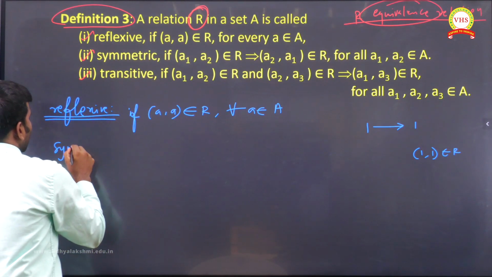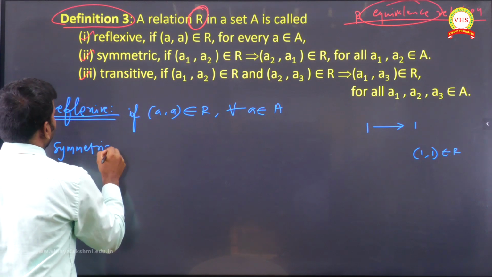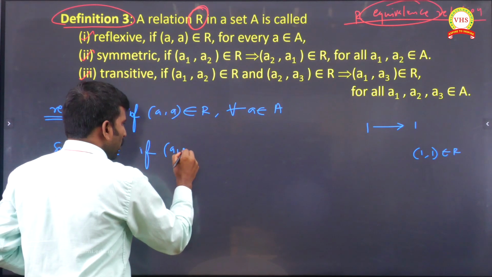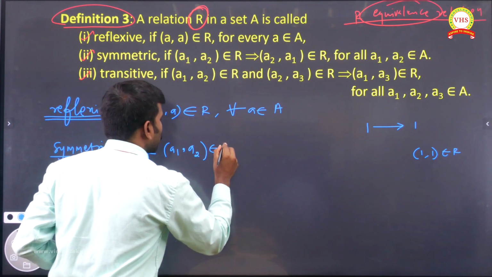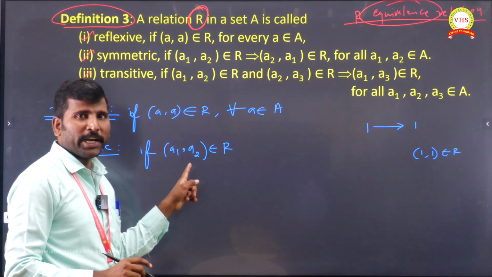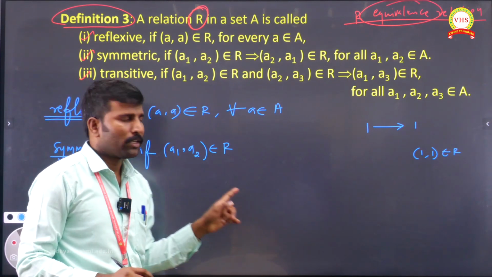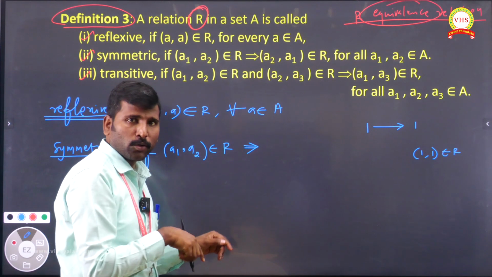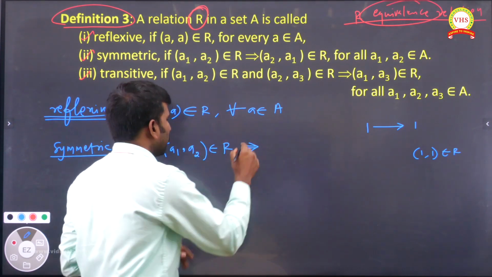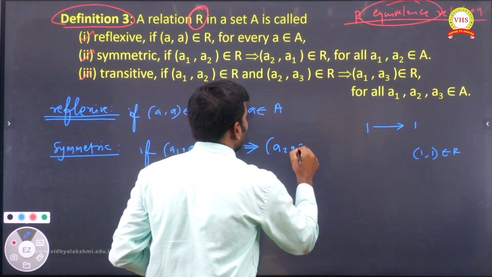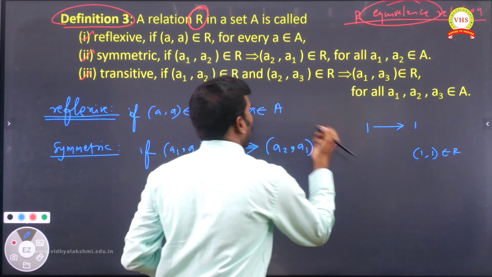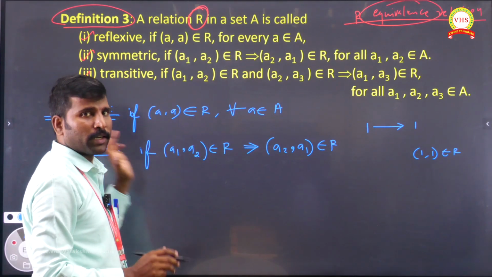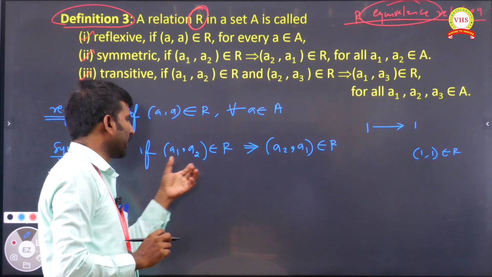Next is symmetric. Symmetric in the sense, 2 elements we need. Suppose I'm taking (a1, a2) belongs to R. R means relation. (a1, a2) belongs to R in the sense, their reverse also will be in R. Reverse is what? (a2, a1) should belong to R. If this result is satisfied, then only we can say it's symmetric.